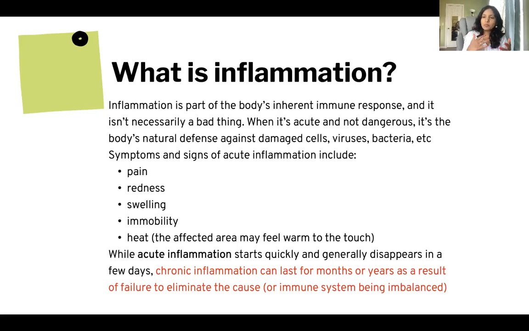When the immune system fights against these foreign invaders, that fight results in reactions inside the body, things like pain, redness, swelling, and immobility. That's all related to the action of the immune cells fighting against those pathogenic organisms, whether it's bacteria, virus, or parasites.